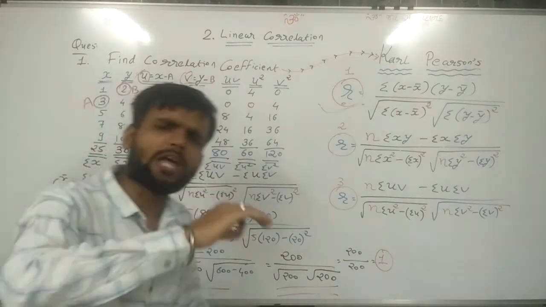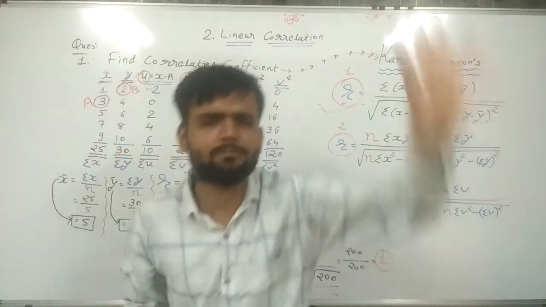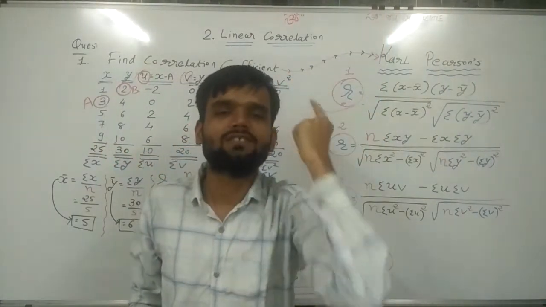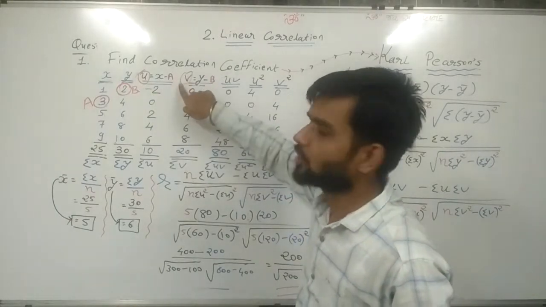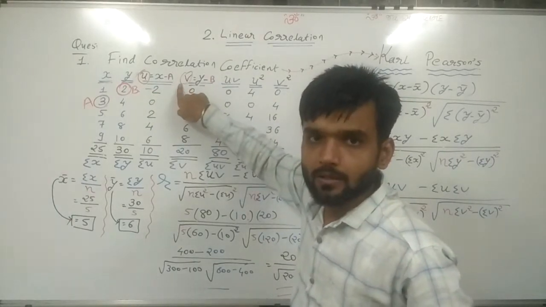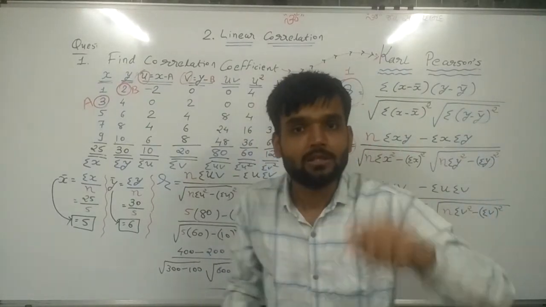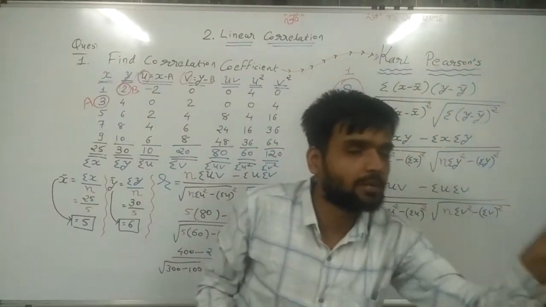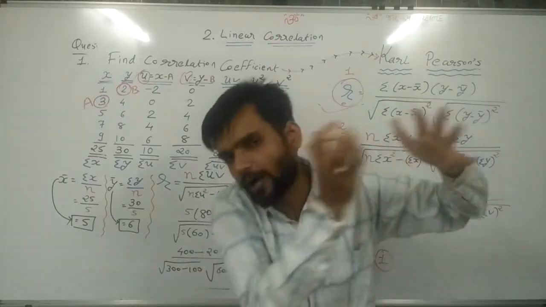Now the sum is very easy. Now there is no problem to solve the sum because we have the value of u and the value of v. Like last time, what sum we have done, xy given, multiplication of xy, x square and y square we had to find.